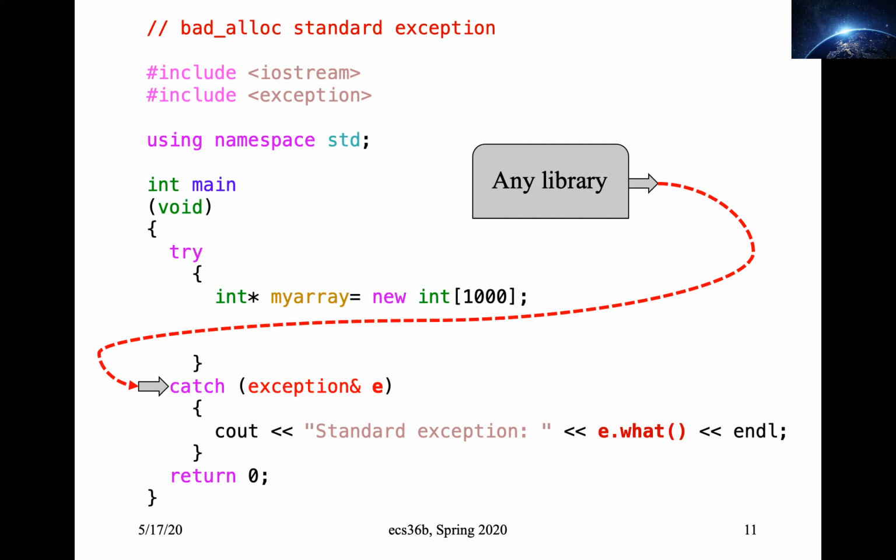Case number two is that within getDistance, I do have try and I do have catch, and that catch actually catches it. Then this catch won't get it because somebody already got it within getDistance. So somebody before you can reach this catch clause already handled that exception. You don't want to handle that multiple times.